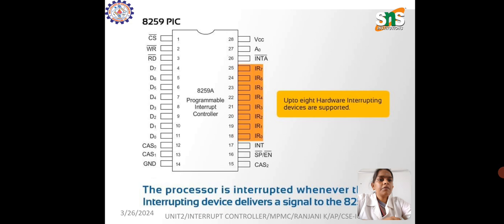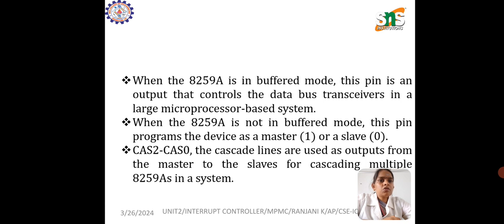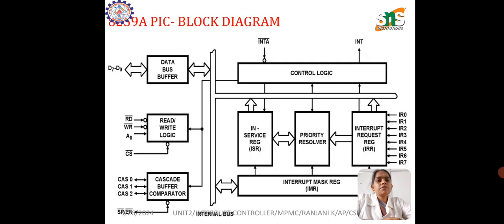In this pin diagram you can clearly see it. When the 8259 is in buffer mode, this pin is an output that controls the data bus transfers in large microprocessor based systems. When the 8259 is not in the buffer mode, this pin programs the device as a master (1) or slave (0), and CAS2 to CAS0 are the cascade lines which I have explained earlier.